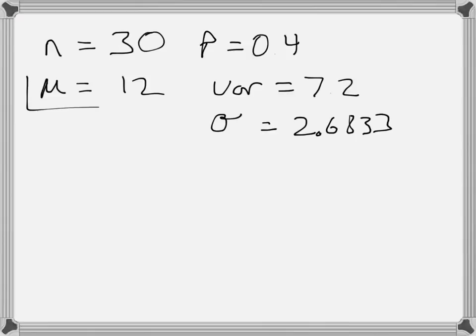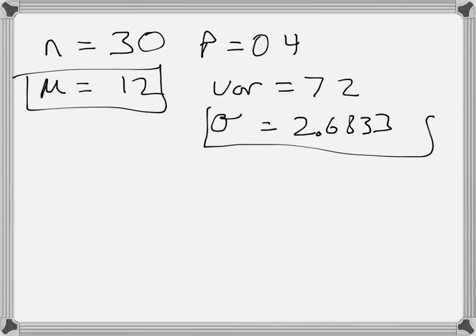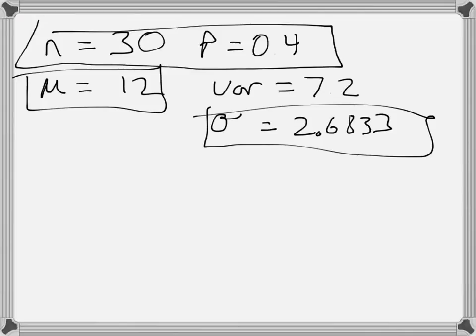With a mean and a standard deviation, I can approximate the binomial distribution by using our normal distribution and a continuity correction factor. So question 12 says, what is the probability that x is equal to, not 12, 10.